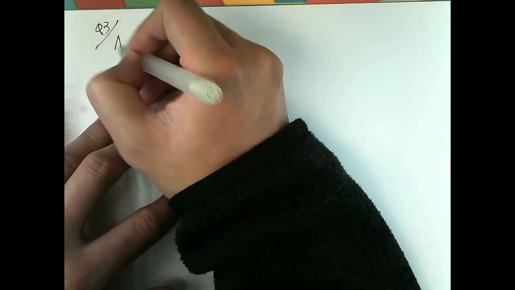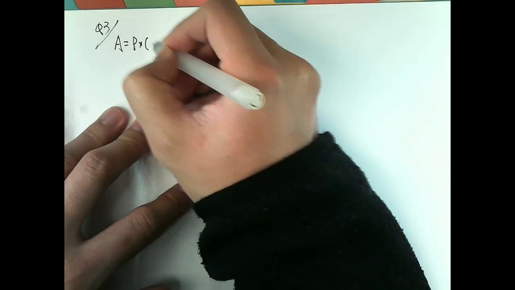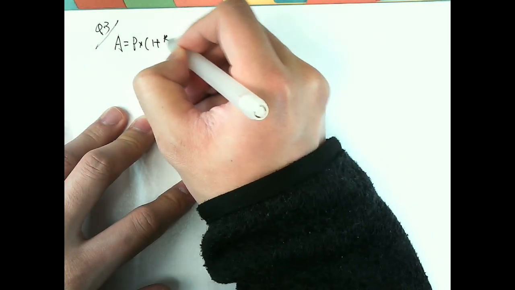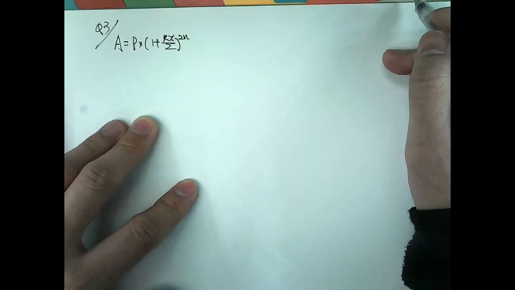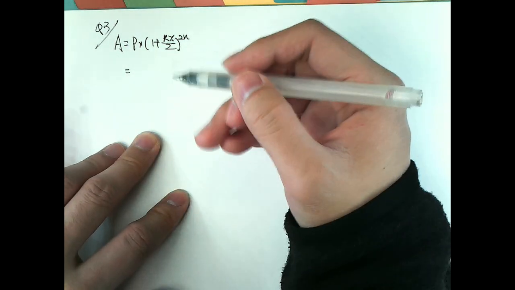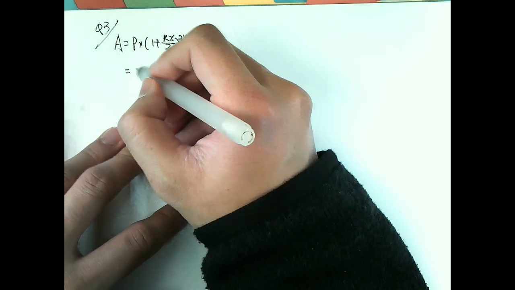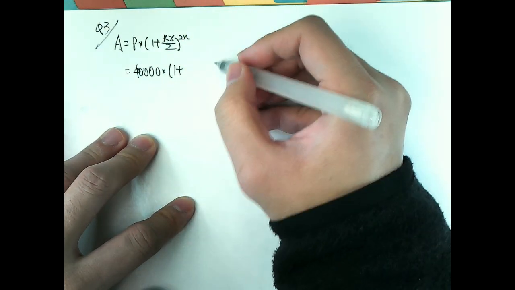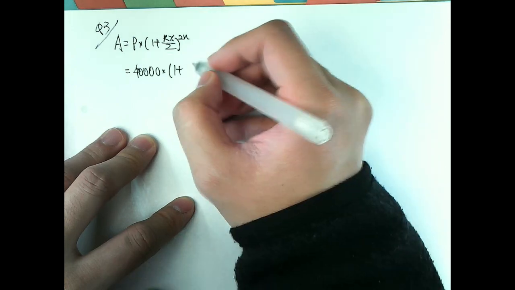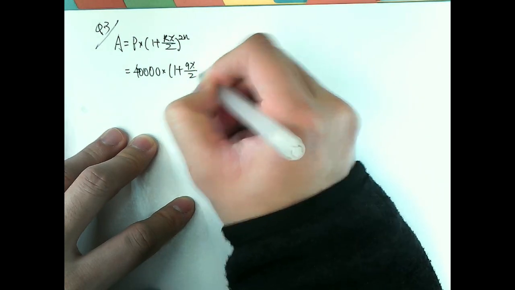So you write the formula first, half yearly. P times bracket 1 plus R percent divided by 2, and it's 2n here, understand? And then equal to, P is 40,000 times 1 plus the percentage 9% divided by 2.